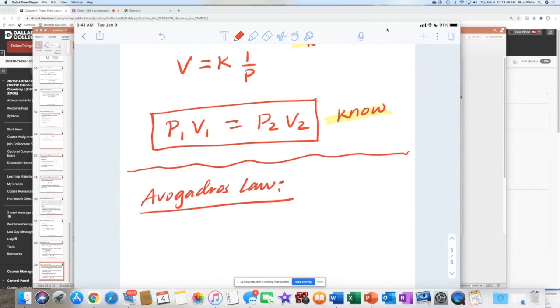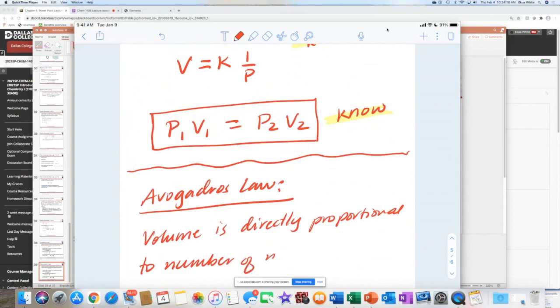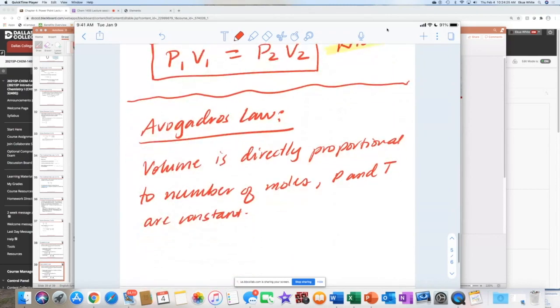With Avogadro's law, we're looking at volume again. So volume is directly proportional to number of moles. If we're looking at V and N, then pressure and temperature are constant. Don't forget the constant parts, it's part of the relationship.